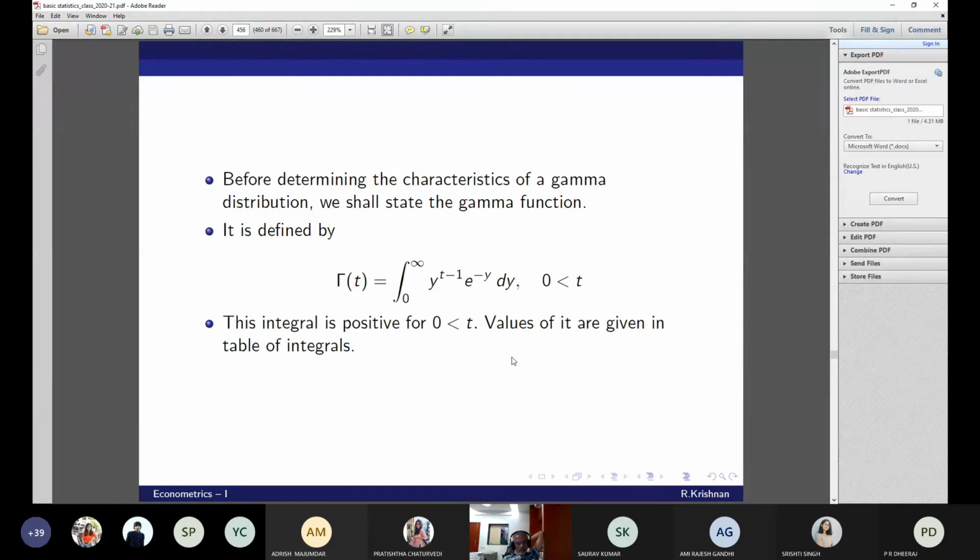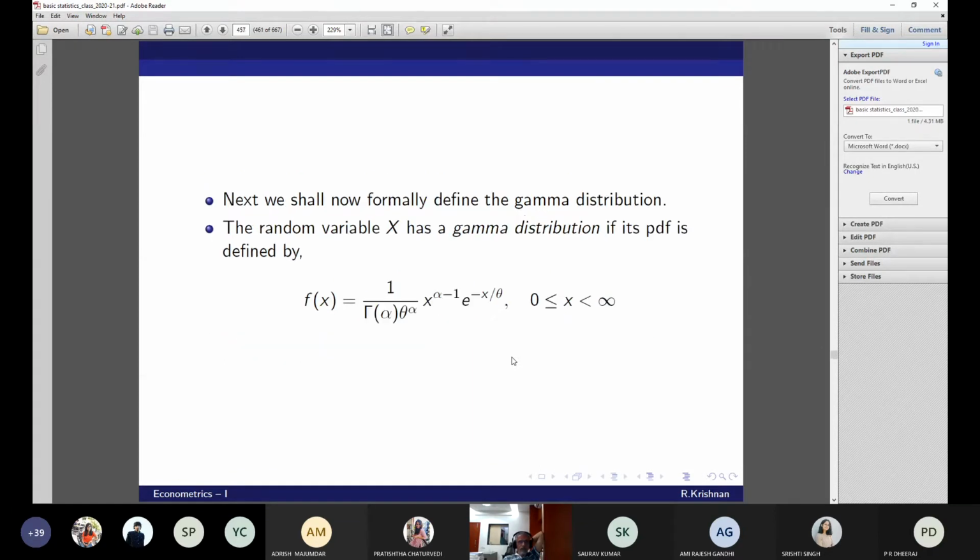We take this down, the gamma function. Next, we'll define the gamma distribution. Take this down also. You may need it for the later exercises.